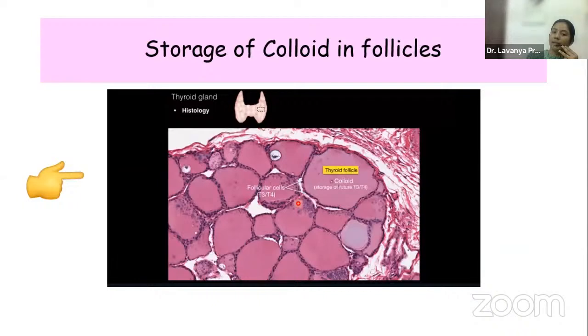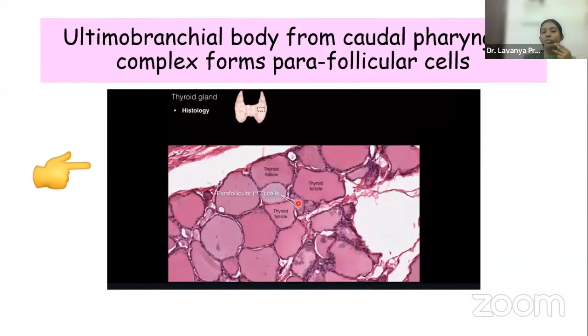These are derived from the caudopharyngeal complex, the lateral rudimentary structure forming the additional cellular structure which we call parafollicular or C cells, which produce calcitonin.